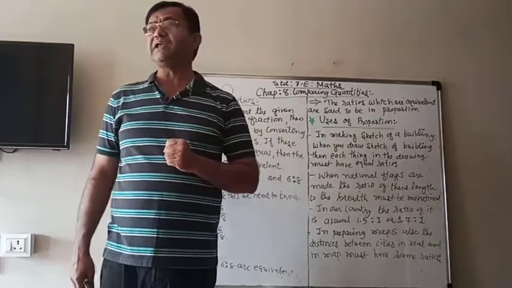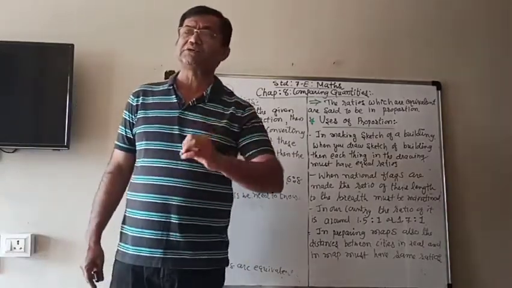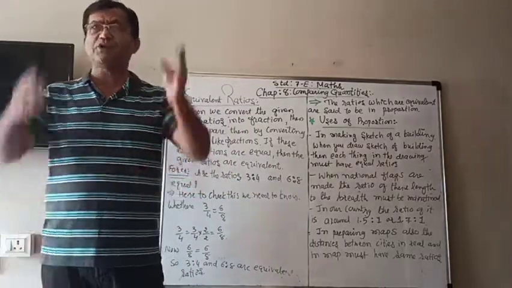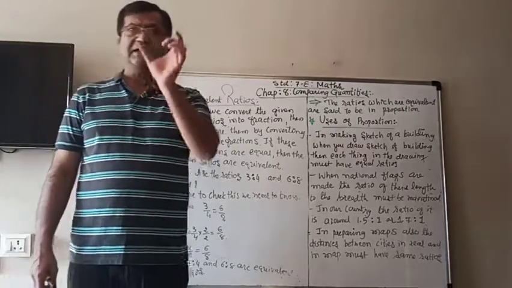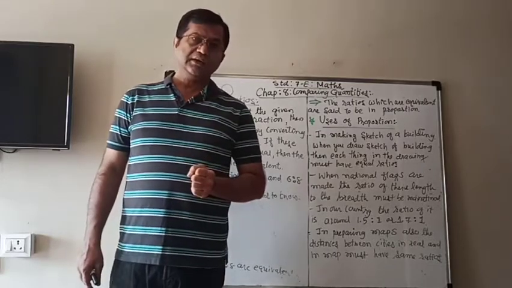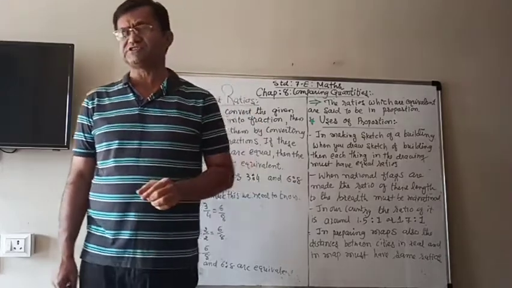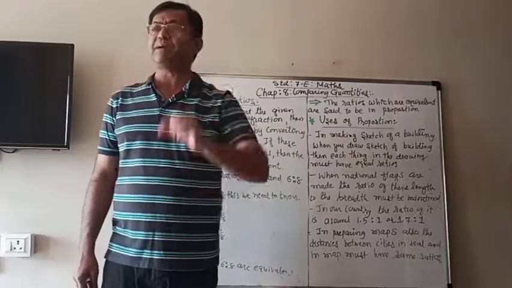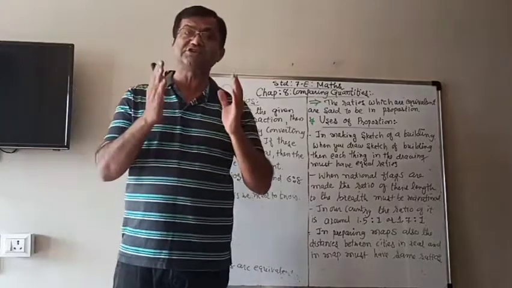Similarly, you know the maps. In geography, you learn about maps. When they prepare the maps, if you see the whole map of our country, the distances are maintained. If you see the real distance between the cities and the distance that you measure on the map, and you find the ratios, then both ratios must be equal.